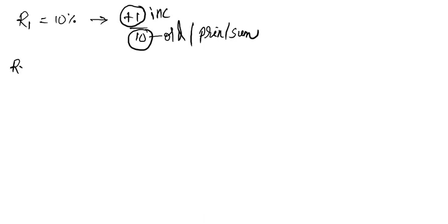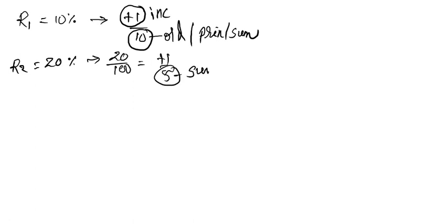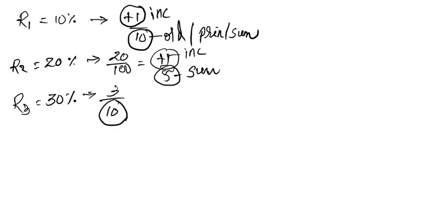Now R2 will become 20%, nothing but 20 out of 100, nothing but 1 out of 5, and this is your sum, and this is your increased value. Again R3 is 30%, nothing but 3 out of 10, this is your sum, and this is your increased value.